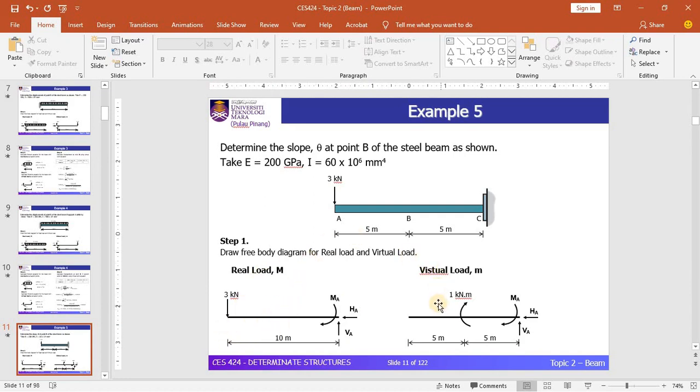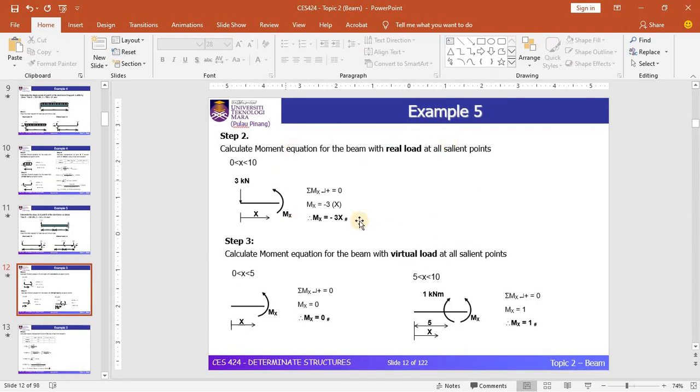For the virtual diagram, you can see that they have two cut sections, which are A to B and B to C. But in reality, you need to consider two cut sections for both of these diagrams. In other words, for the real diagram, the equation of moment for A to B and B to C will be the same.